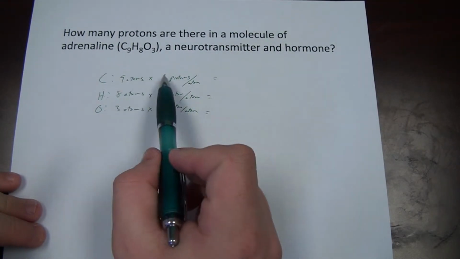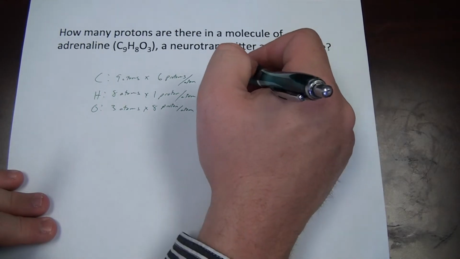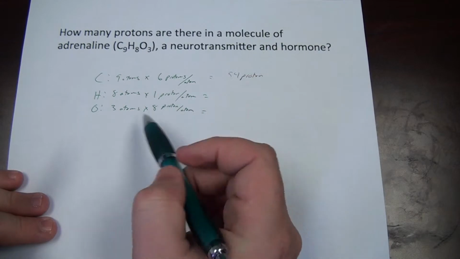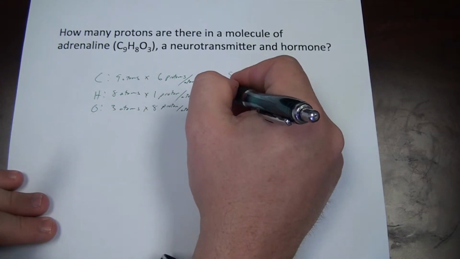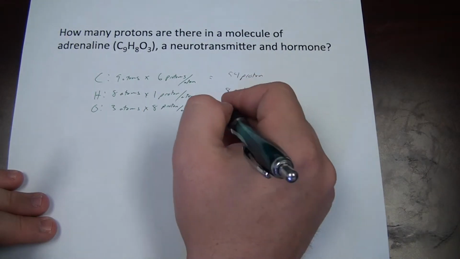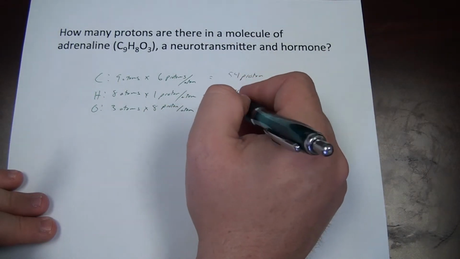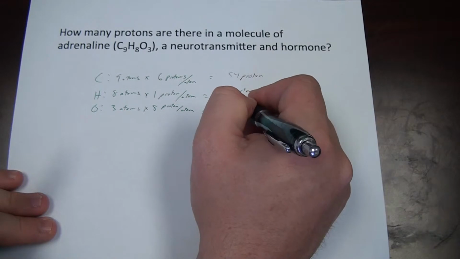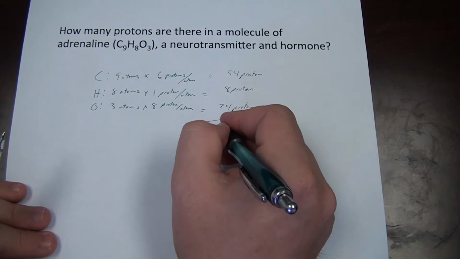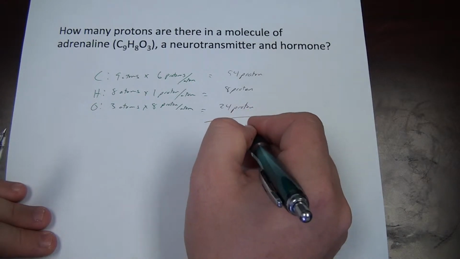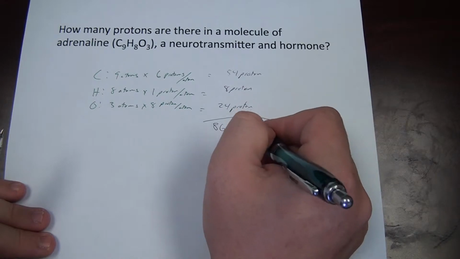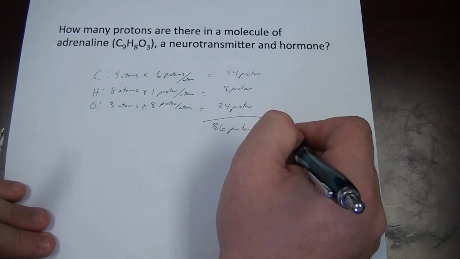So multiply 6 times 9, we end up with 54 protons contributed from the carbon. 8 times 1 is 8 protons contributed by the hydrogen, and 3 times 8 is 24 protons contributed by the oxygen, for a total of 86 protons in one molecule.